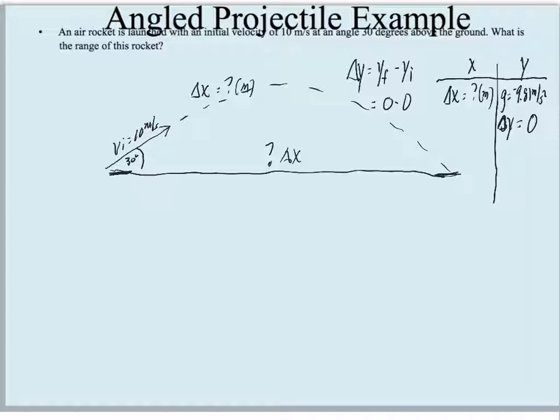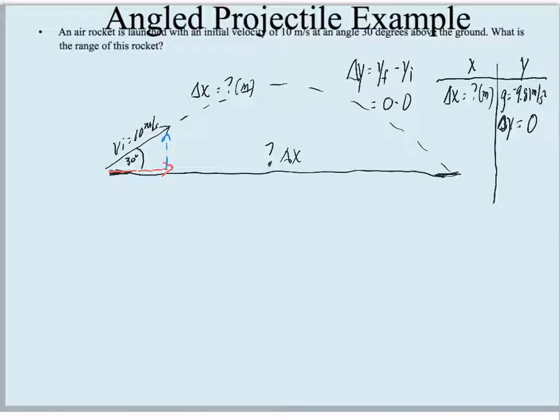Do we know anything else? Well, right now we do not. But there are some things that we can find out. Whenever you're given an angled projectile problem, after you draw it out and decide what you know and what you don't know, one of the things you can do, especially if you're given the initial velocity, is find your initial components for the projectile.